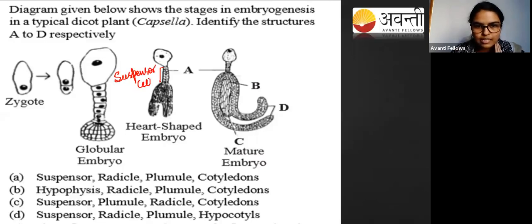Usually suspensor cells will be from 7 to 10 in number. This topmost bigger looking cell is originated from the suspensor cell only. This is haustorium. I hope you remember the function of haustorium. It absorbs nourishment from the endosperm.